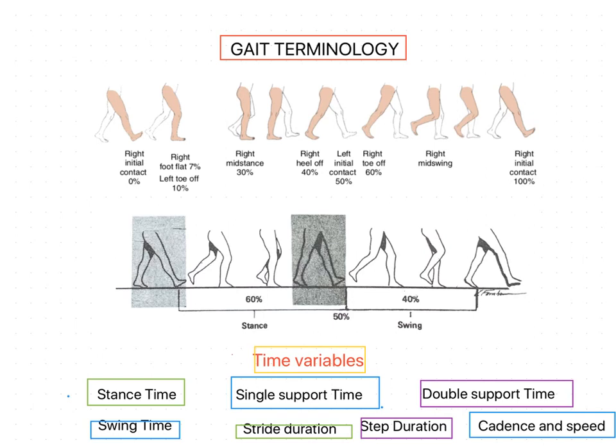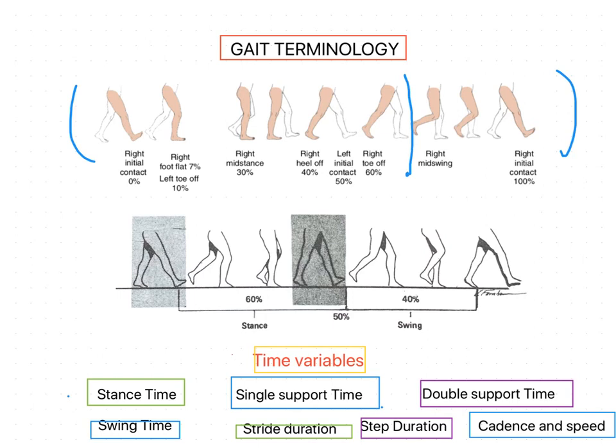What do you mean by stance time? The stance time is the amount of time that elapses during the stance phase of one extremity of the gait cycle. Stance phase means up to 60% of the gait cycle, the stance phase of the reference extremity.